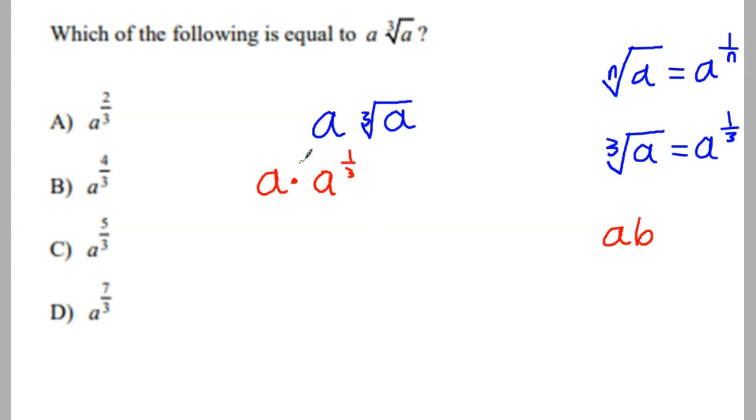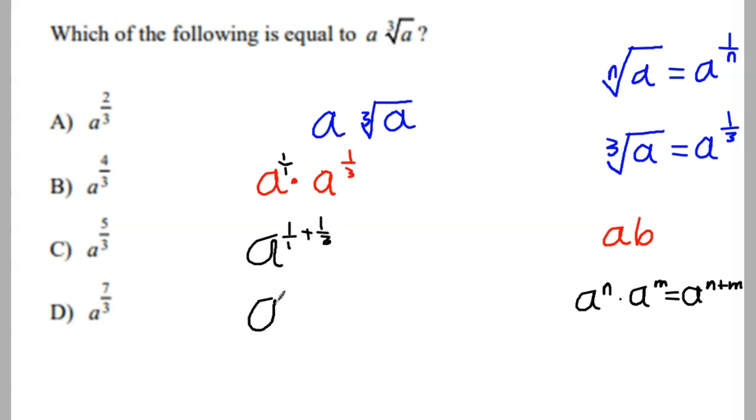Every number is to the power 1, and every whole number is over 1. Anytime you have the same base with different powers, you just add the powers together. So here we are going to get a to the power 1 over 1 plus 1 over 3.